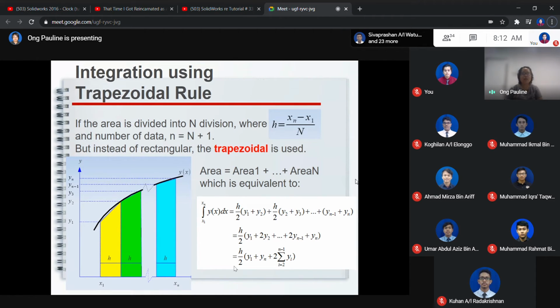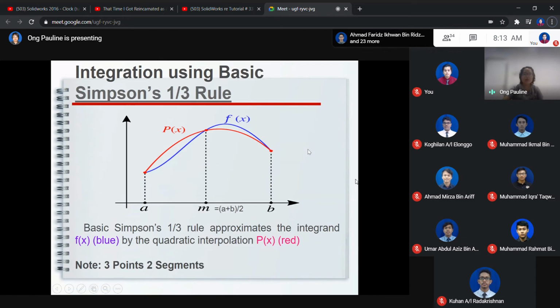So kalau kita guna lebih banyak rectangles or trapeziums, means that yang step size ini, the H, is getting smaller. Kan N semakin besar, you bahagikan something with the N, then you will get a smaller value for the H.